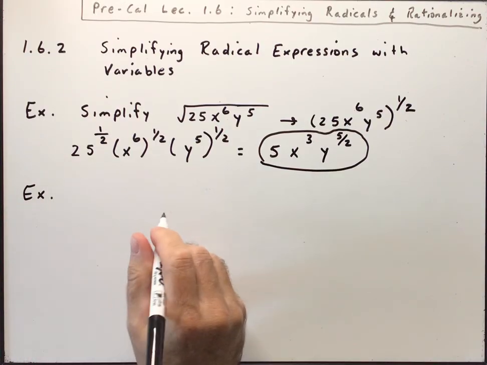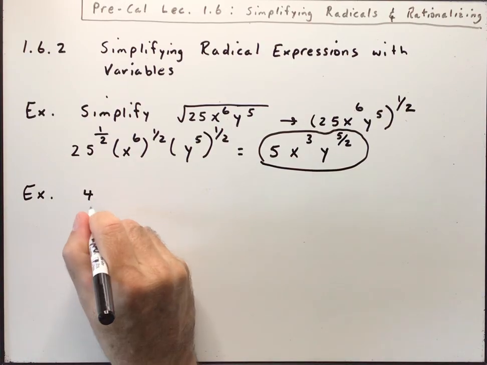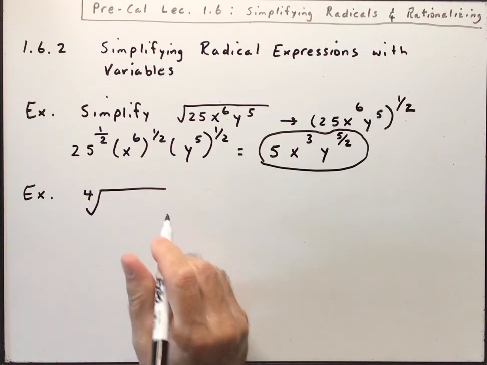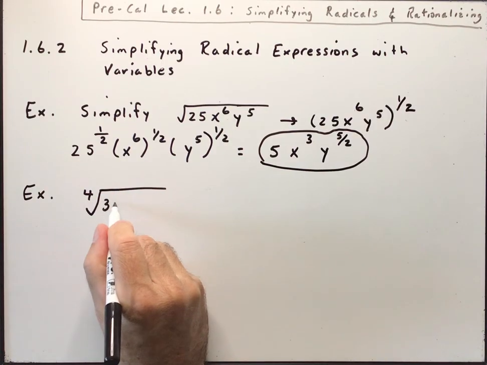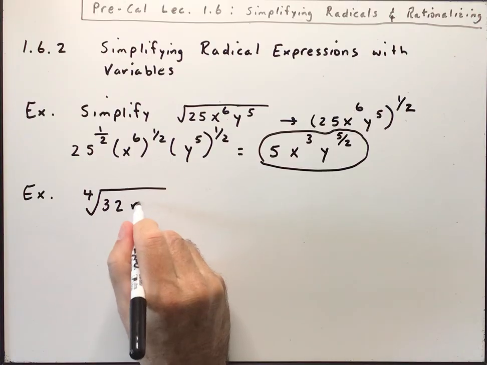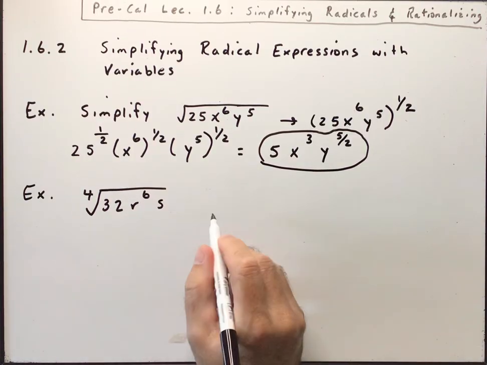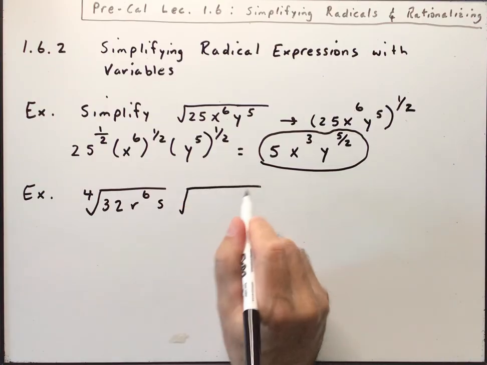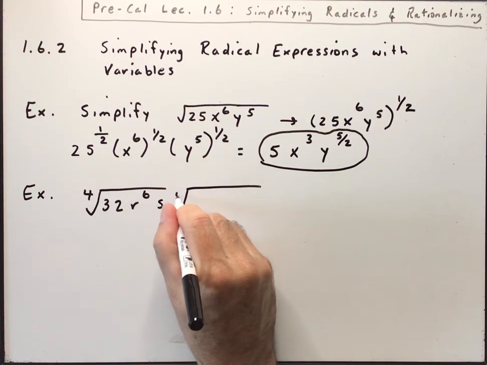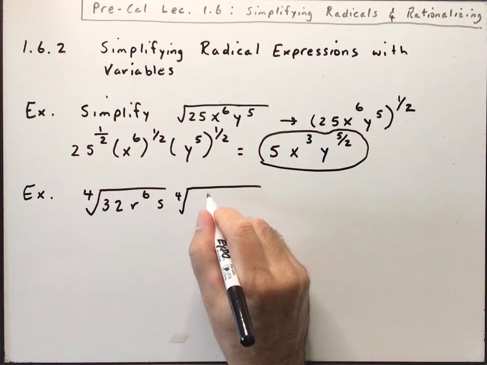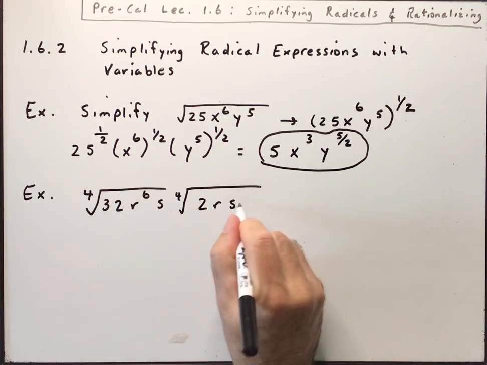All right, next example. Okay, this is pretty nasty looking. So we have the 4th root of 32 r to the 6th times s, times the 4th root of 2r s to the 4th.